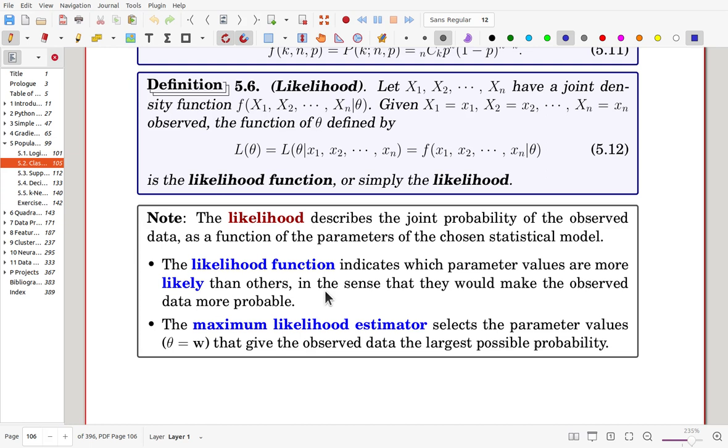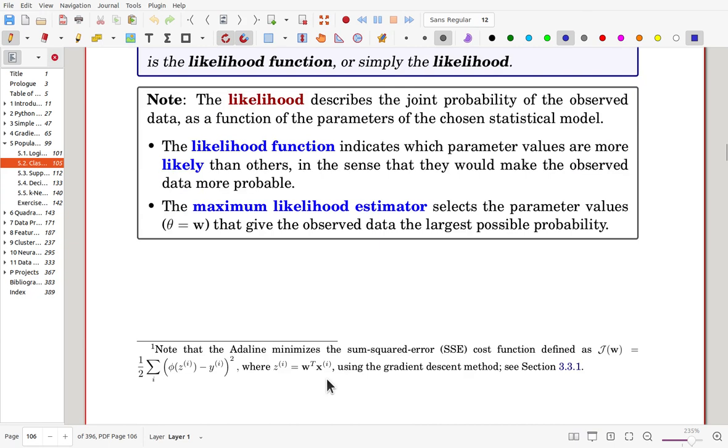So the maximum likelihood estimator selects the parameter values, in our case now W, that give the data the largest possible probability. So here in logistic regression, we try to find the W that gives the data the largest possible probability.